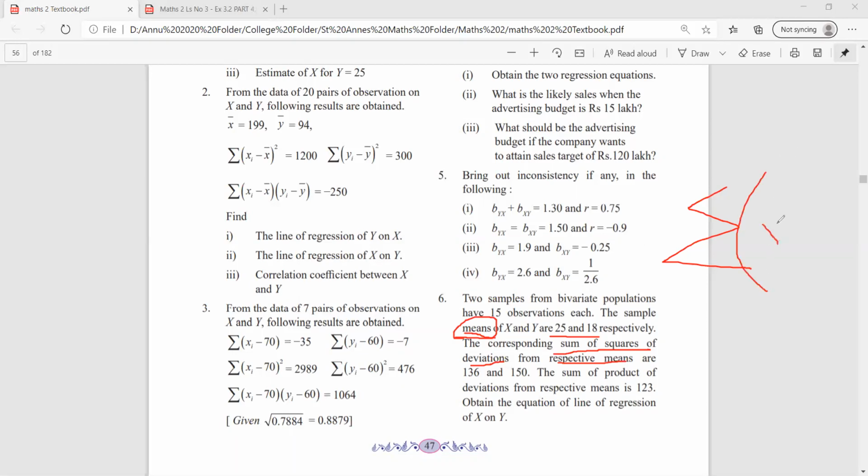So can I say summation of x minus x bar the whole square? Correct? Sum of squares of deviations from respective means. Correct? Similarly, summation y minus y bar the whole square.